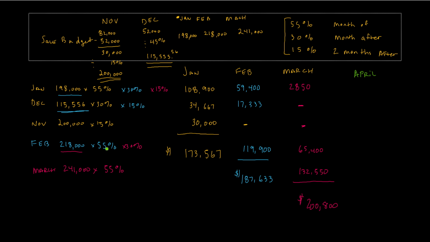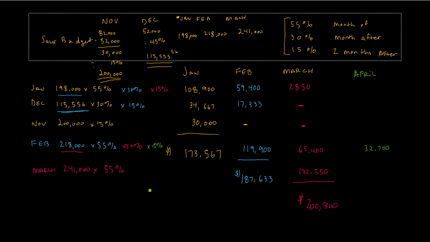If I take the February sales of $218,000 times 0.15, which is the 15%, I end up with $32,700.